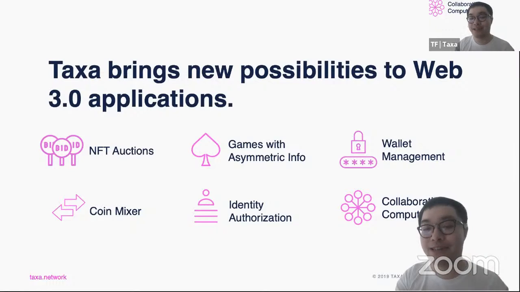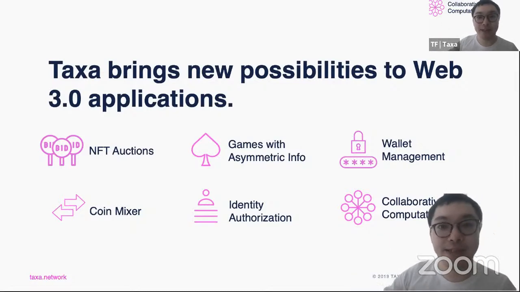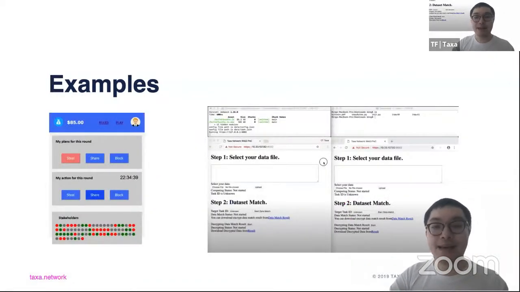And also collaborative computation, like everyone can lend their data to others to compute a certain model without losing the ownership of their data. And some examples, for the time issue, I won't go through them in detail.